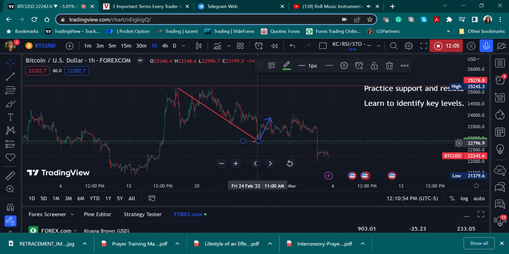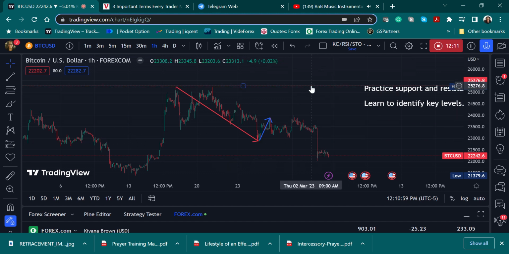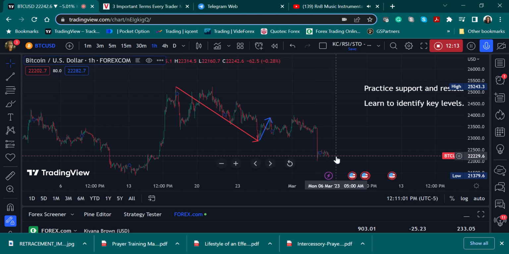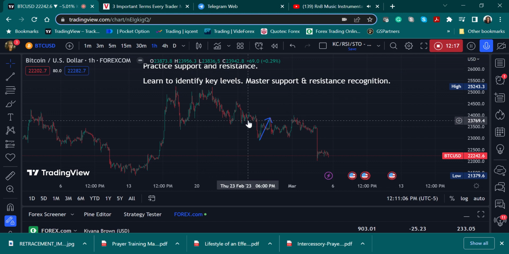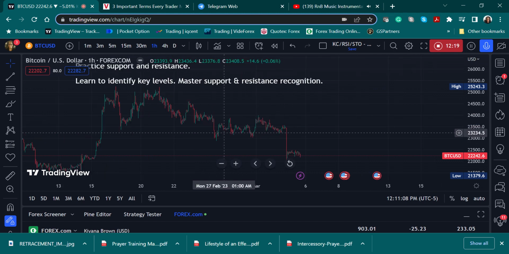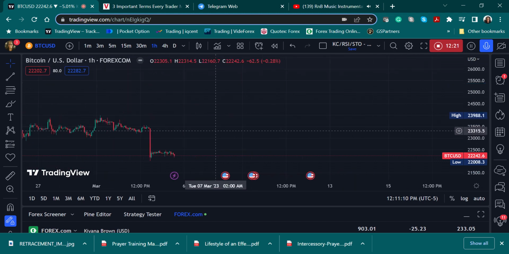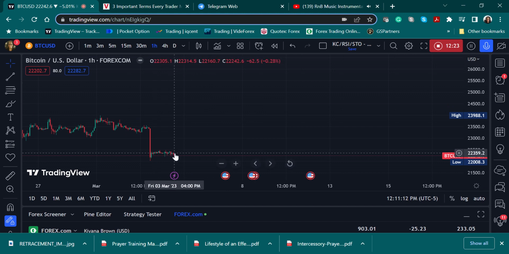So this is how you identify support and resistance. Now, if we go to our current trading area, we're going to do the same exact thing. So I'm going to move this over and get rid of this. We're going to do the same exact thing in our current trading area, which is right here. As you can see, the market is just ranging. We had a nice drop, so this is our downtrend, and then we started ranging.